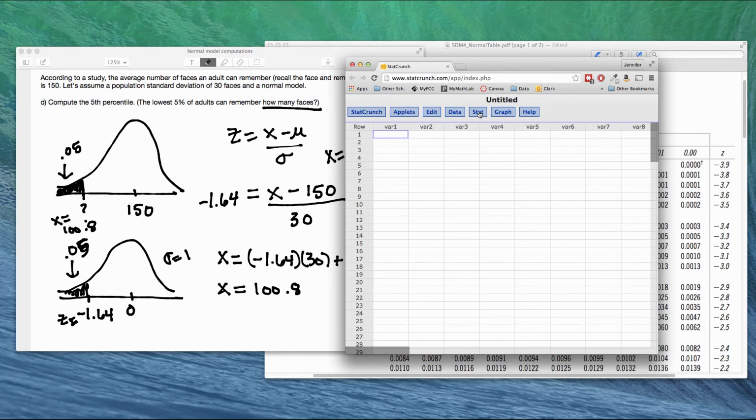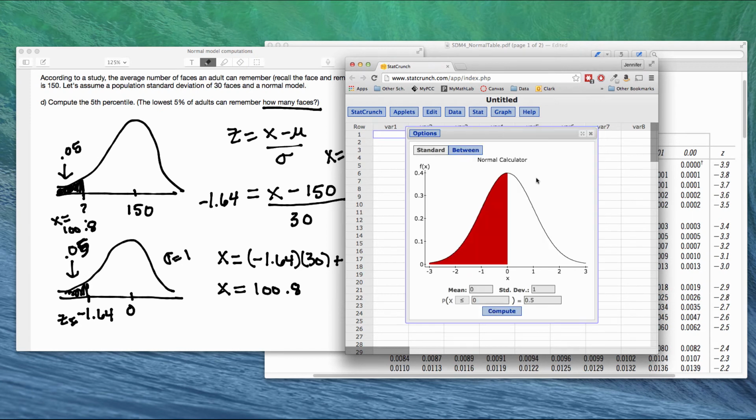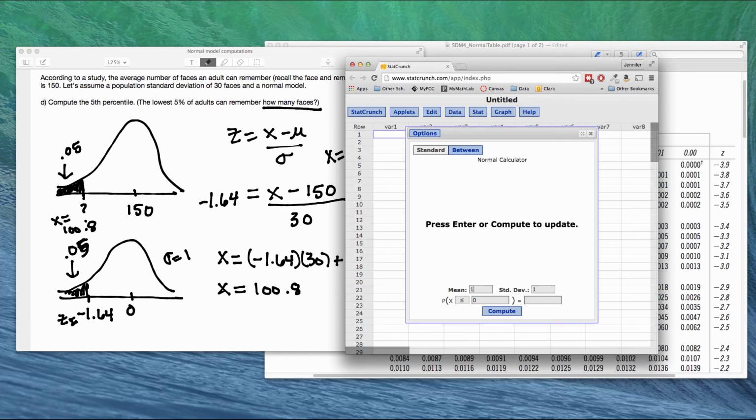All right, in StatCrunch, I'm going to open up the calculator, the normal, and I'm going to use these fill-in boxes a little bit differently. I know that my mean is 150, and the standard deviation is 30, but this time I do not know what my x value is. I'm going to leave this box on the bottom row blank. What I do know is that the probability of being below, so less than or equal to, that number is going to be 5%.